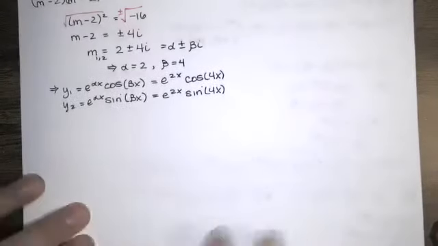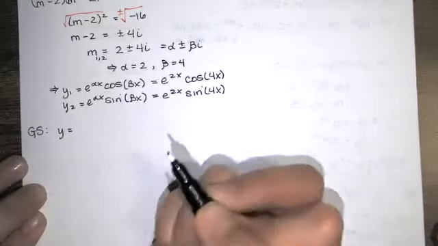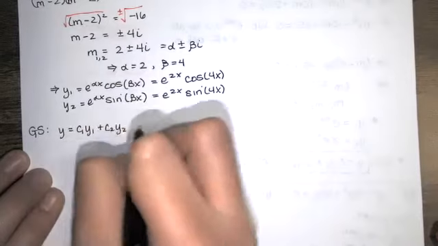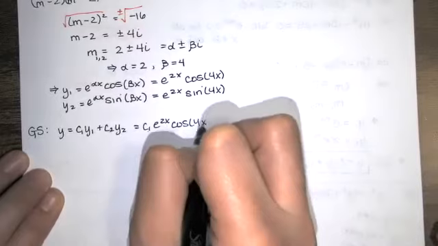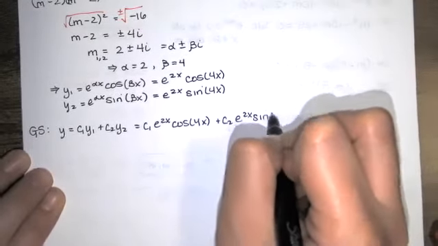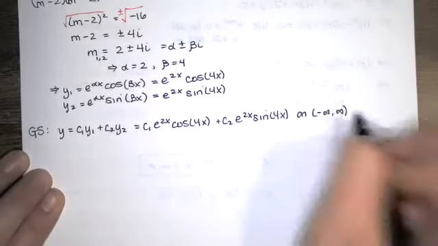And then we are one step from the general solution. It was a second order differential equation, so you get c1y1 plus c2y2. That's c1 times e to the 2x cosine of 4x plus c2 e to the 2x times sine of 4x. And this works on -infinity to infinity.